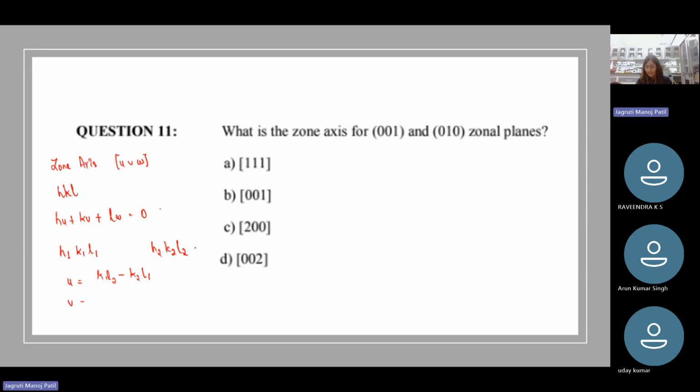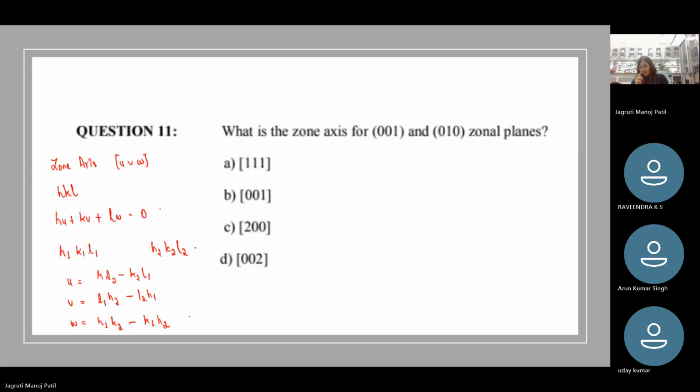Then for V, you cover the middle index, so you have L1 H2 minus L2 H1. And the third one is W, where you cover the last one, so you have H1 K2 minus K1 H2.